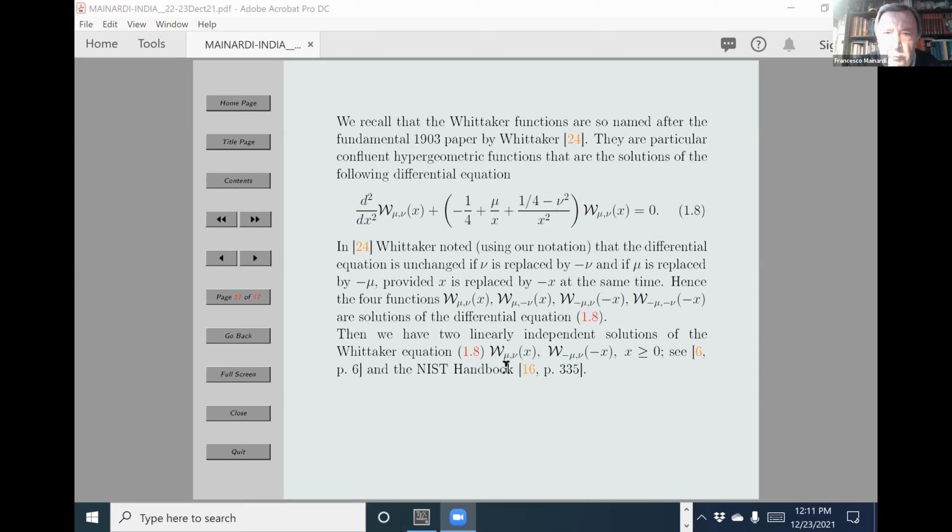Then we have two linearly independent solutions, also Whittaker functions, which I define in this way: mu nu x and minus mu, nu, minus x, for x positive, because I prefer to work with positive x.